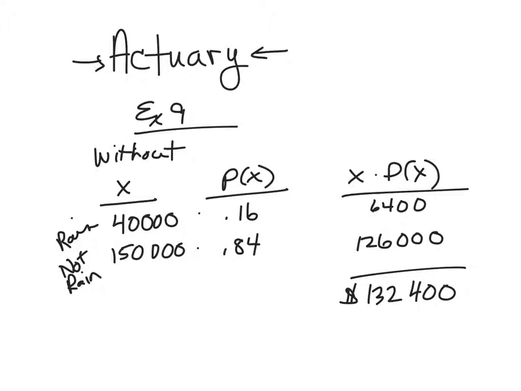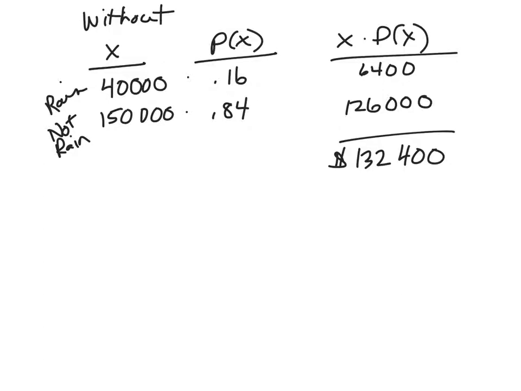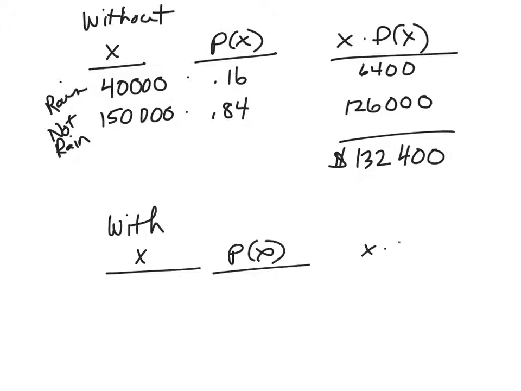Okay, now let's do the same analysis with insurance. Well, we got the same two possible outcomes as far as it could either rain or it wouldn't rain. Now, let's figure the rain first. Okay?